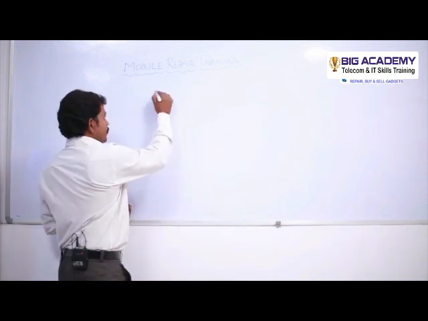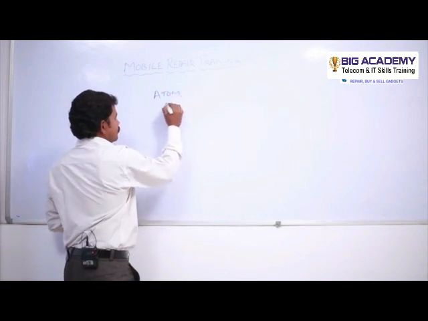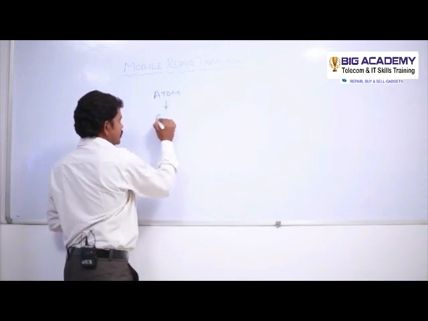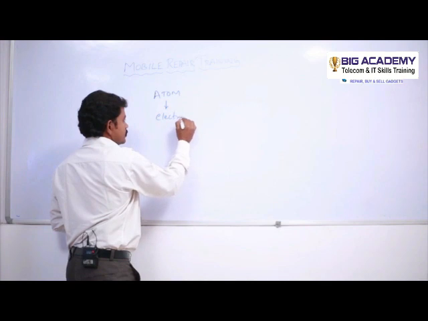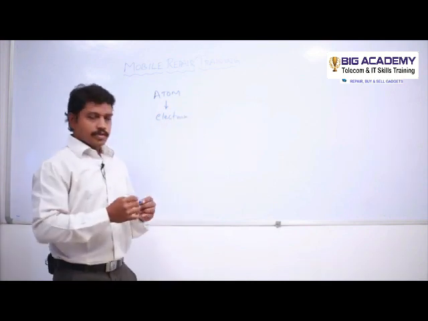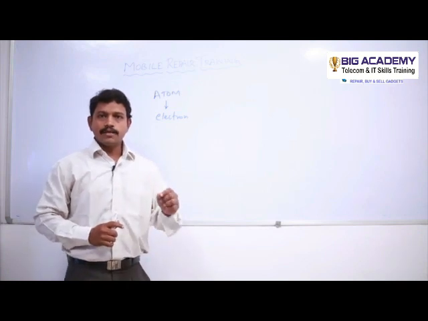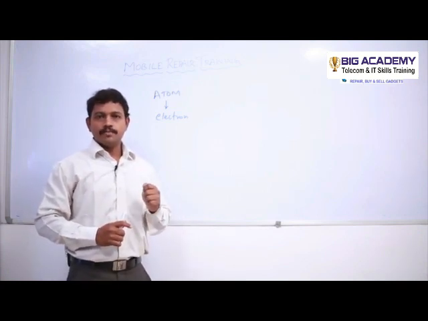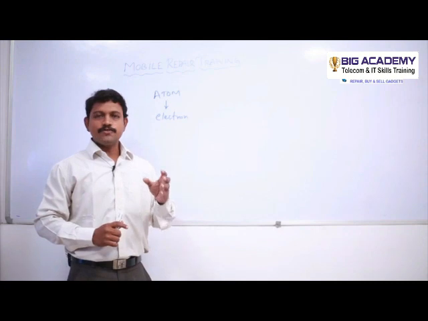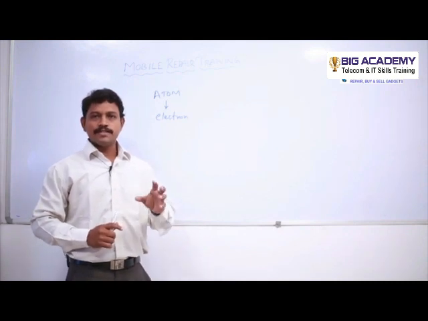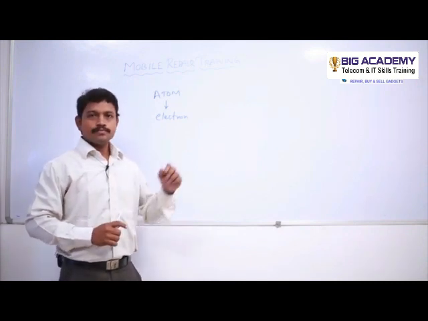And from that atom, we'll see the electron. What is an electron? It's a part of an atom, because an atom consists of electrons, protons and neutrons.